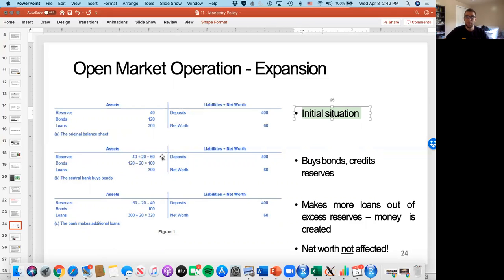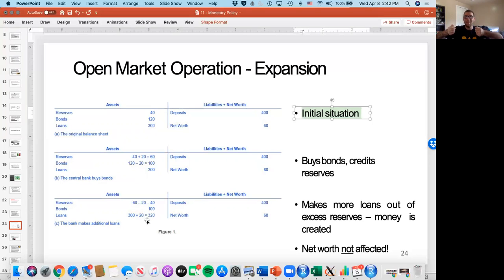Okay? But since they're selling bonds to the Fed, the total bonds are going to decrease by 20. In other words, the total assets will not change. We're just going to change where the 20 goes: an increase in reserves and a decrease in bonds. Sounds good? Net worth is still the same. So if the bank wants to keep the same amount of reserves, $40 million, what are they going to do? Decrease reserves by 20, right?